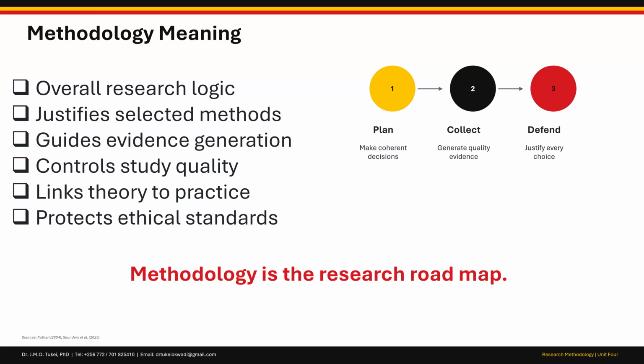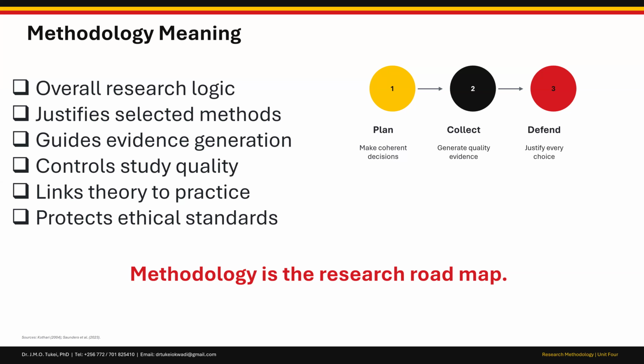All of this is what we call methodology. That is according to Kothari, Creswell and Creswell. Therefore, colleagues, when we are talking about methodology, we are talking about the research roadmap.